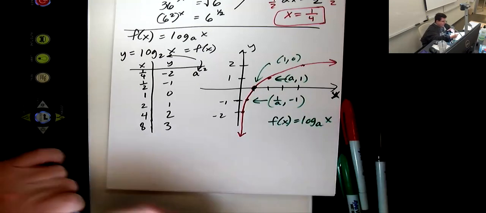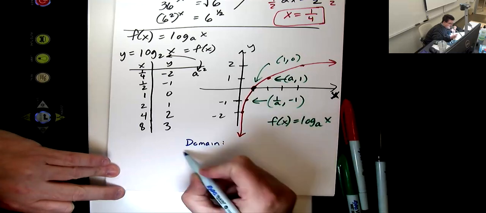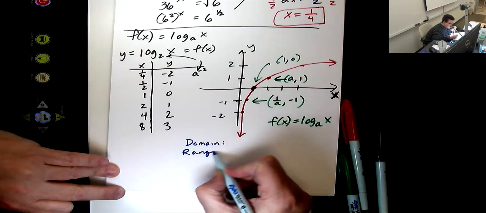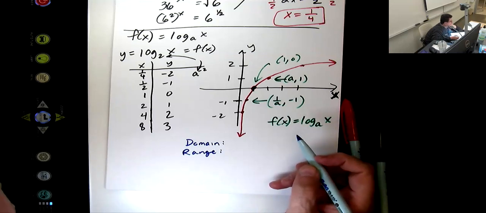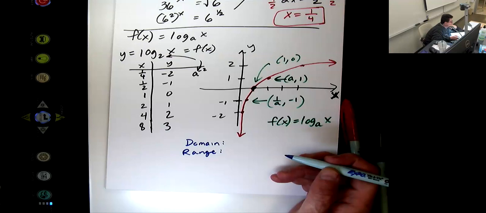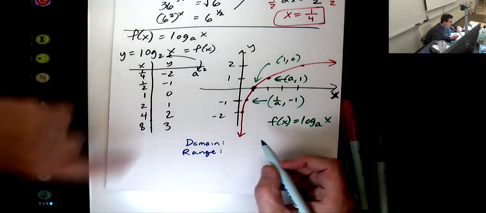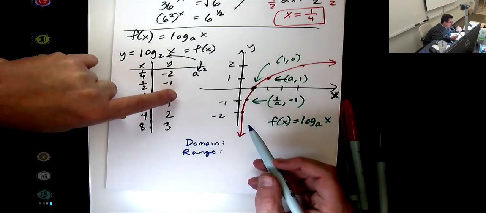The domain is what here? What's the range? Where's the 0 from? Do we have any negative x values on the graph?